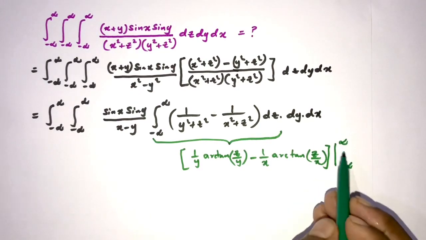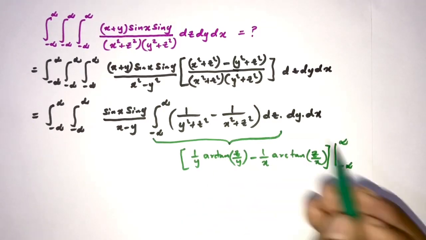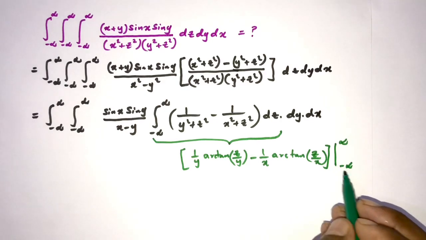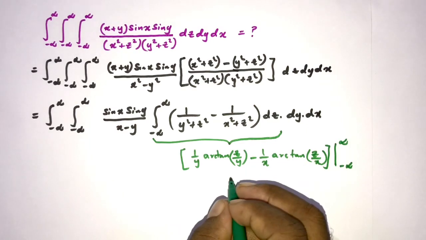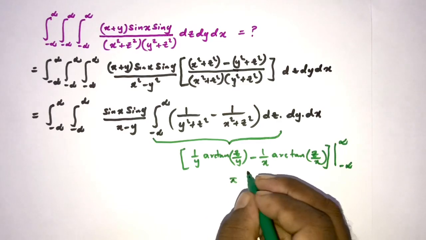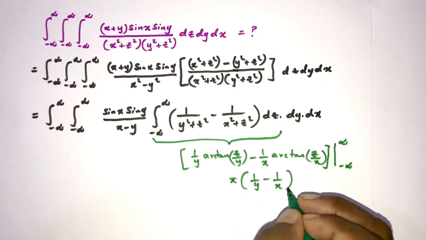Okay, now if we plug in infinity, we know arctan of infinity is pi over 2, and again we should subtract the lower boundary, so minus becomes plus, so here we have pi over 2 plus pi over 2, which is pi, so pi times 1 over y minus 1 over x.